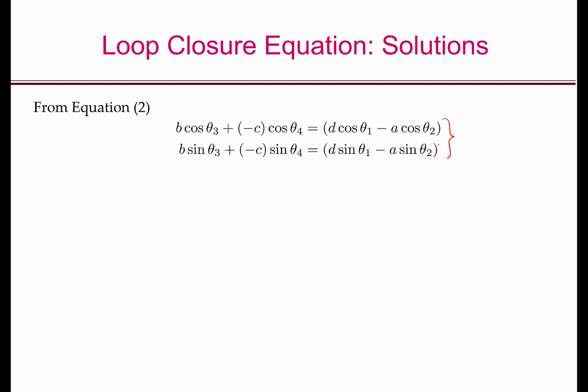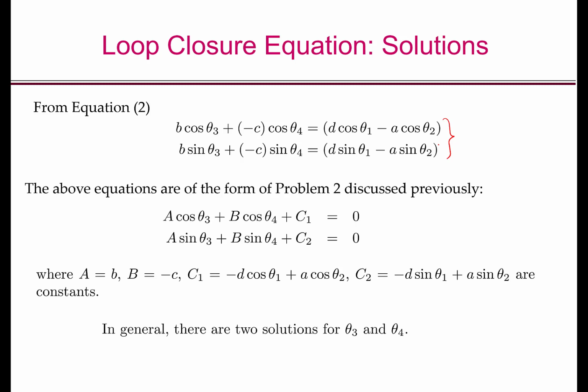A, B, C, D are link lengths that are already known because we have synthesized the mechanism. θ2, as I stated earlier, is assumed to be known. θ1 is the angle that the fixed link makes with the global coordinate system, and so it is a constant. Usually it is 0.